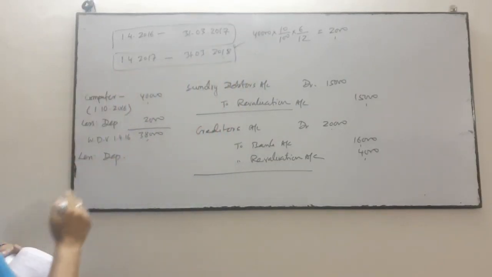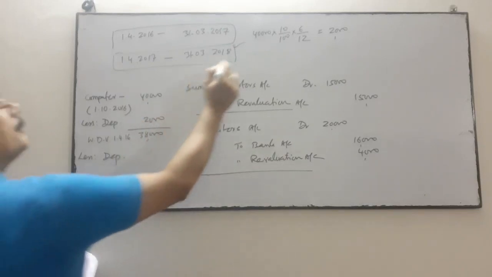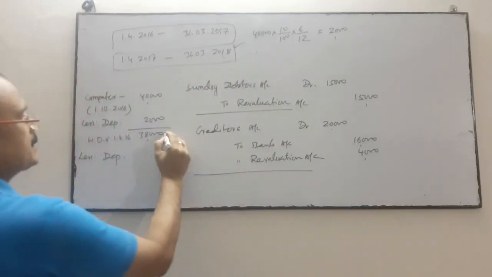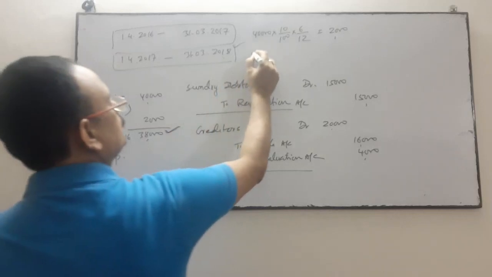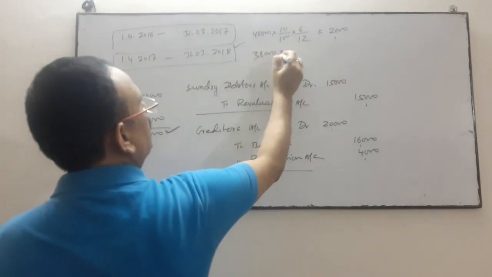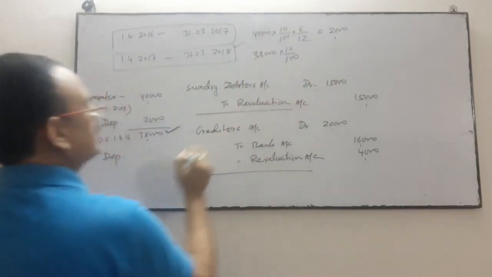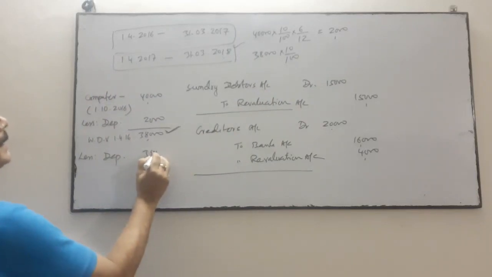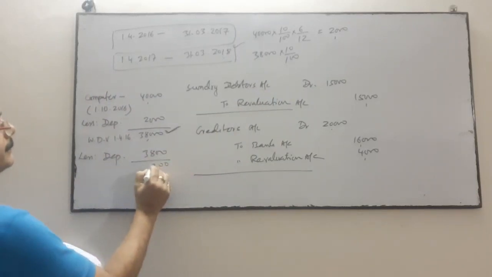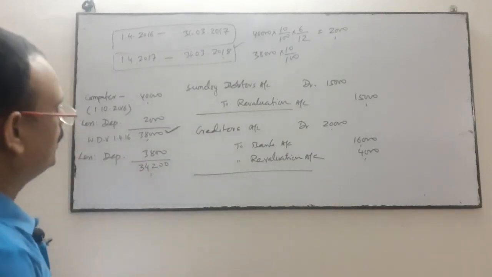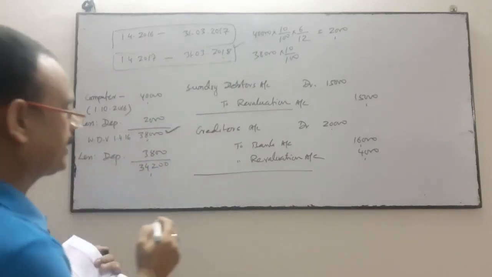So we will charge the depreciation on written down value: 38,000 into 10 upon 100. So it is 3,800. So 34,200. So this will be recorded.